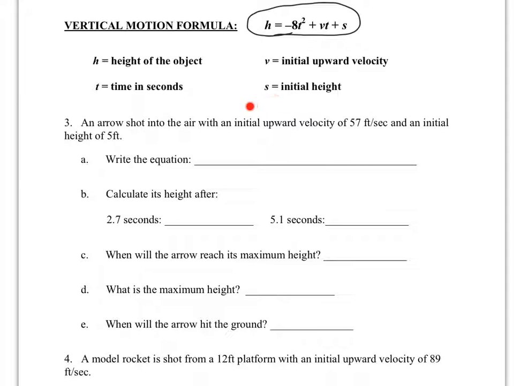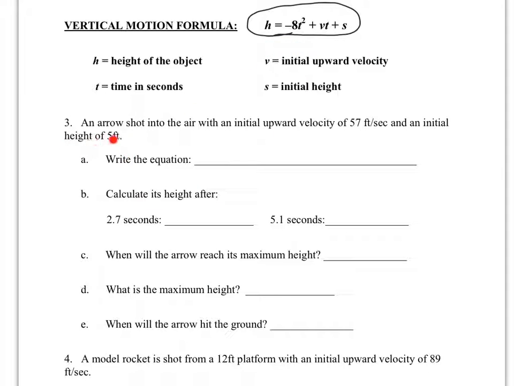Notice with quadratics, all sorts of problems can be used as quadratic equations, mainly gravity. Anything that goes up and then comes back down due to gravity is a parabola. That's a quadratic equation.